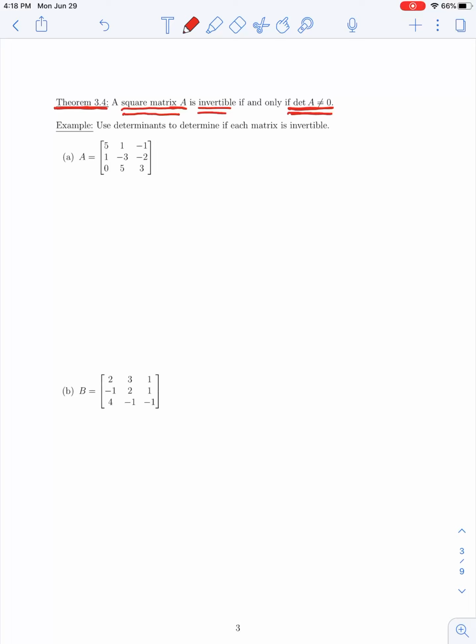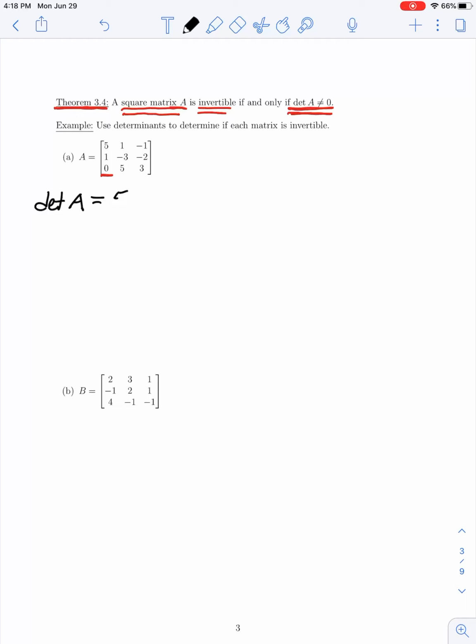But since this is a 3x3, and we see that we have a 0 entry in our third row, first column, a cofactor expansion isn't too difficult here. So let's consider the determinant of A by making use of a cofactor expansion down the first column.